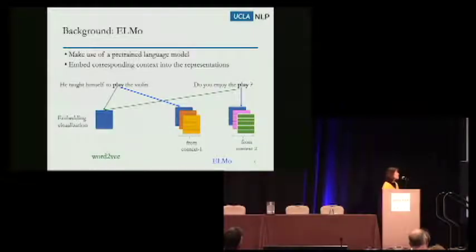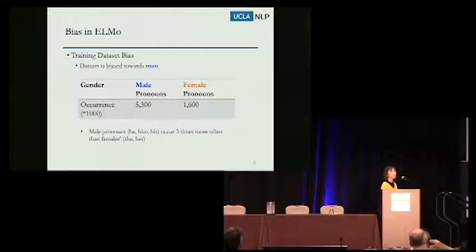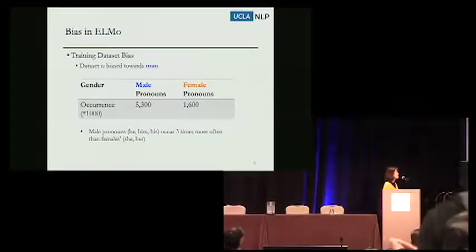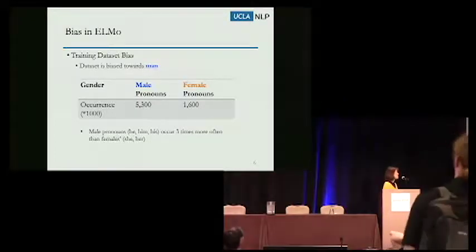Okay, next I will talk about the bias in ELMo. We first look at the training corpus. We know that in general, the corpus we collect is imbalanced, and it is the same situation for ELMo. We see that the whole data set is biased towards men, and male pronouns occur more frequently than female pronouns in this corpus.